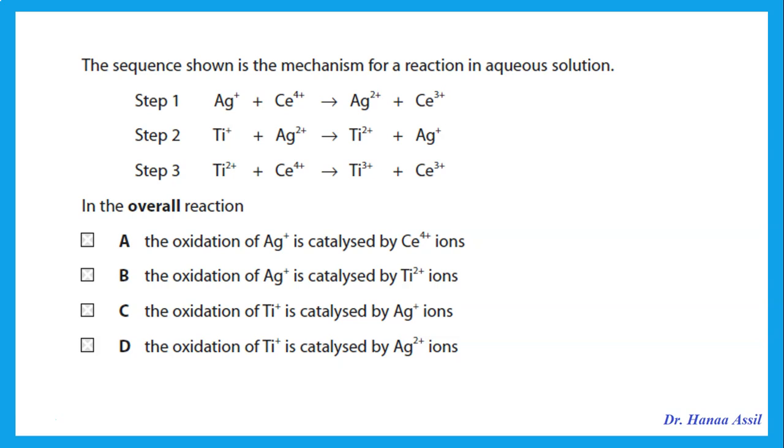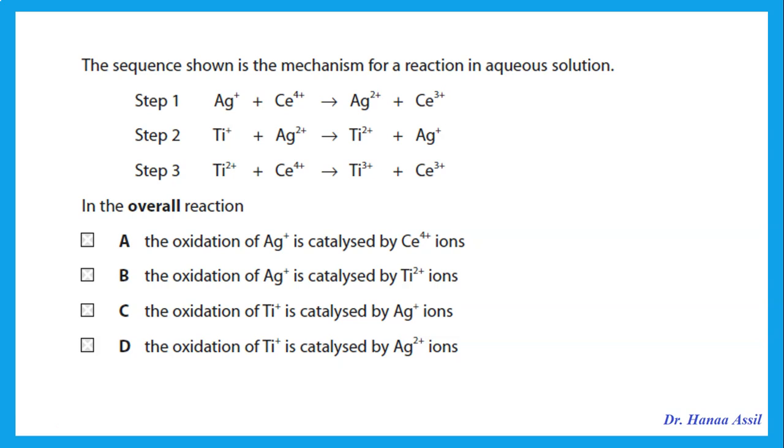The sequence shown is the mechanism for a reaction in aqueous solution. So if we're given a sequence like this, in the overall reaction, which of these would be correct? Well, let's look at the equations.